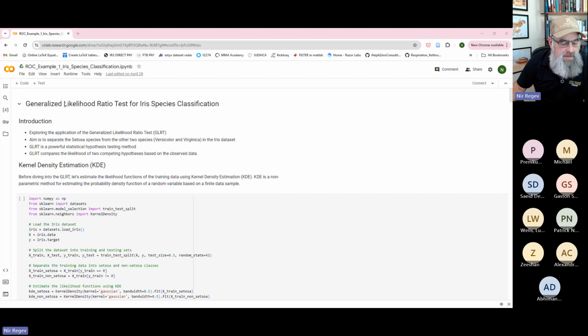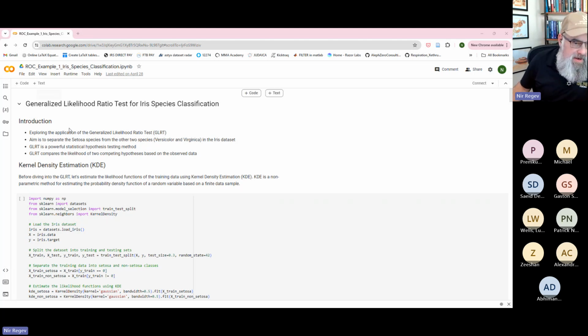The title is the generalized likelihood ratio test for iris species classification. So in this data set, we are trying to classify between different subfamilies of the iris flower.